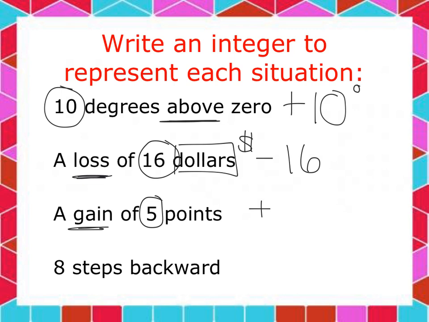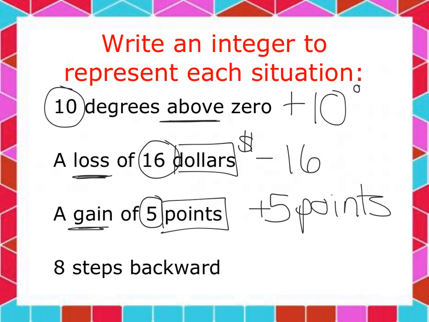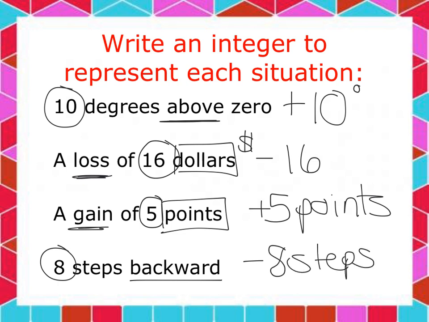My number part is a 5, and my label is points. And for our last one, backward is negative. My numerical part is 8, and my label is steps. Make sure if you did not have the right answer that you fix them in your notebook.